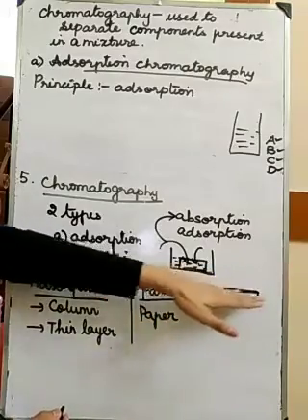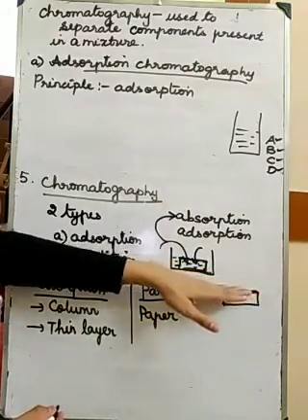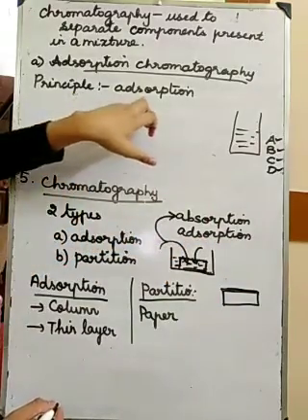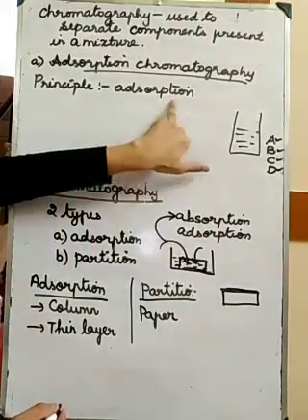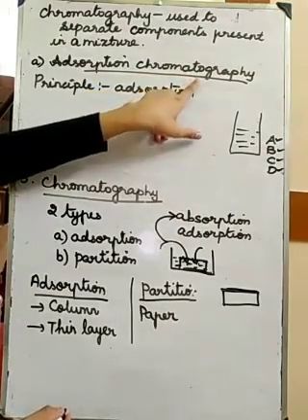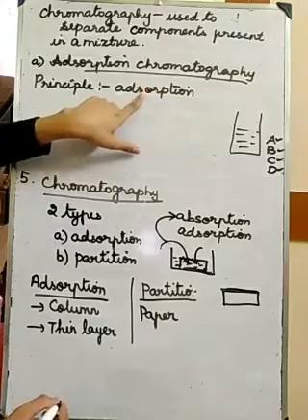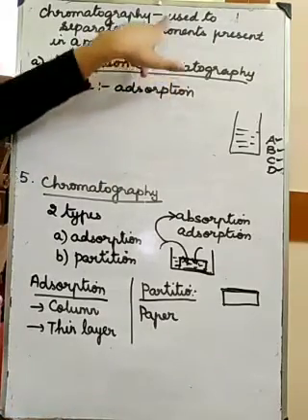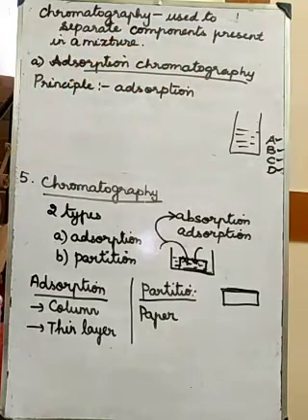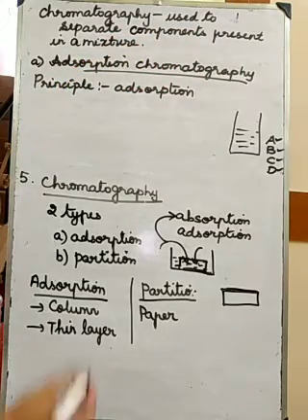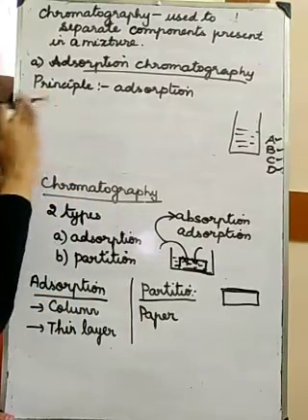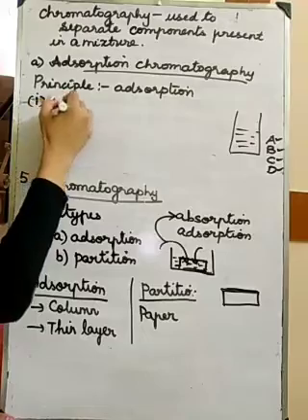If it is attracted only on the surface, then it is called adsorption. So the principle here is adsorption. Based on this adsorption, we are going to do chromatography. What does this mean? Based on the adsorption, we are going to separate the different components which are present in the mixture. Understood? So first adsorption which we are going to study in this is column chromatography.